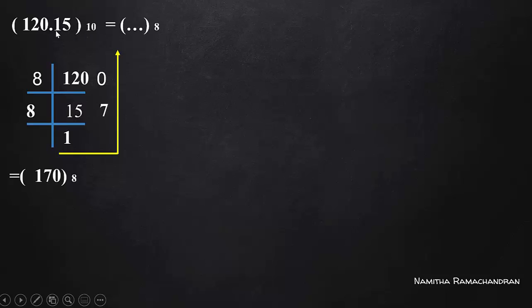For converting this 0.15 into its octal equivalent, we multiply 0.15 by the base value 8. It generates 1.2. Keep the whole part there and multiply the fraction again by 8. It generates 1.6.